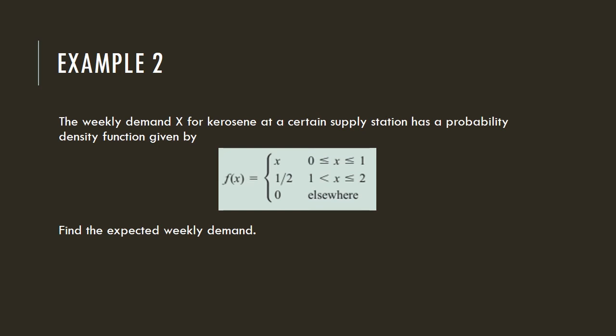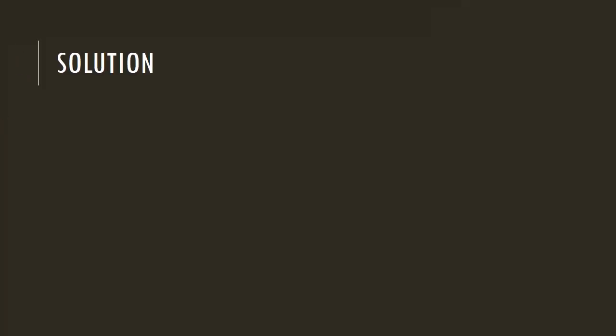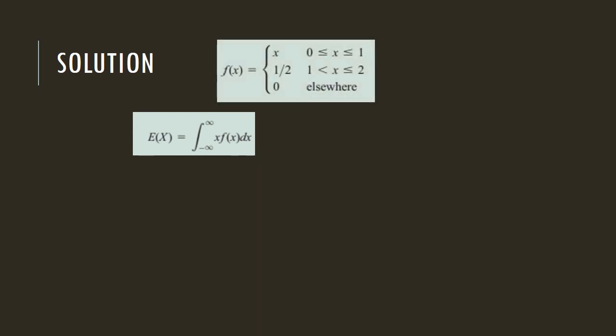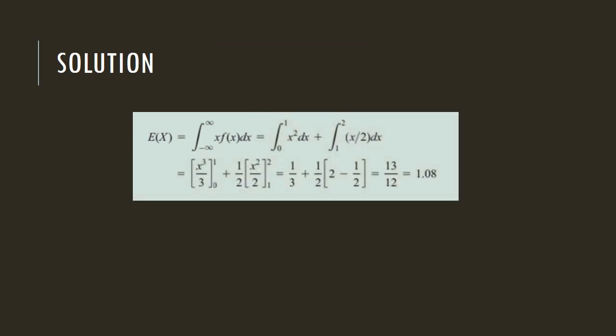So to find the expected weekly demand for kerosene, we will use the expected value of X. Since it is a piecewise function, we will add x when x is between 0 and 1 plus 1/2 when x is between 1 and 2, because the two are different functions with different intervals. Therefore, we have the integral from 0 to 1 of x squared plus the integral from 1 to 2 of x over 2.